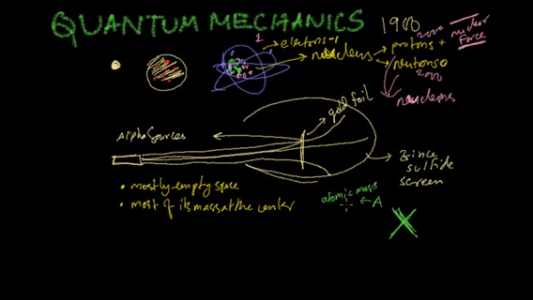The atomic mass is made up of neutrons and protons together. The total number of neutrons and protons is called atomic mass. Below that, this is called the atomic number. Atomic number is just the number of protons.